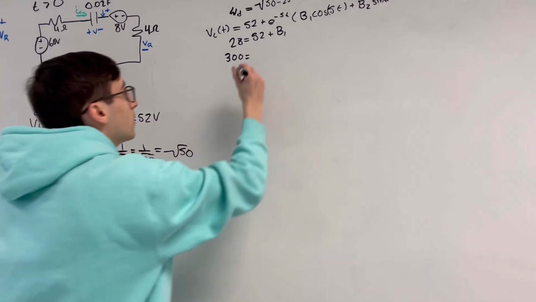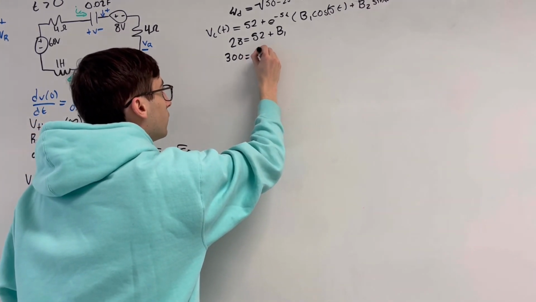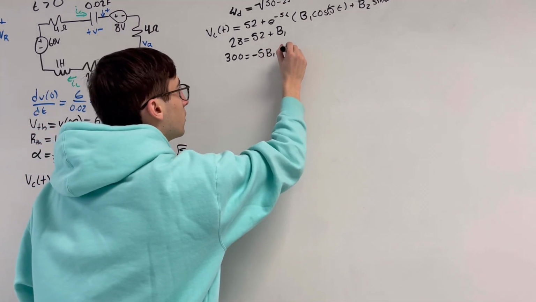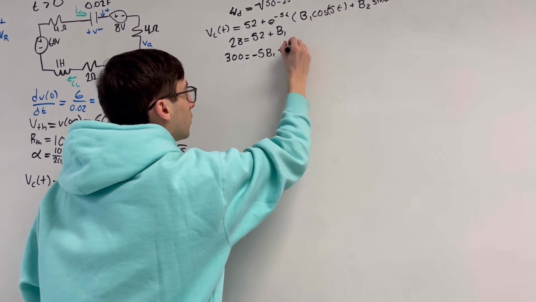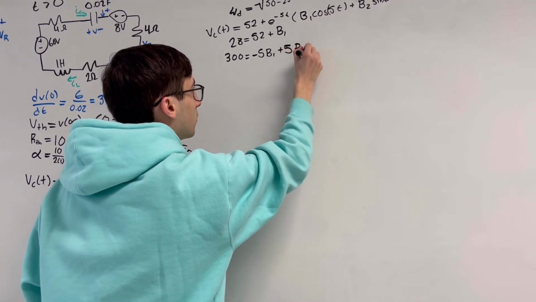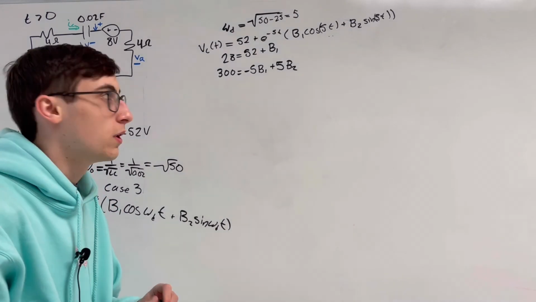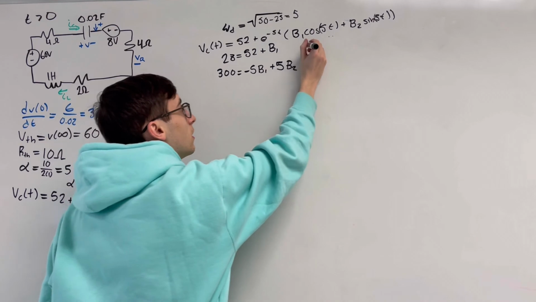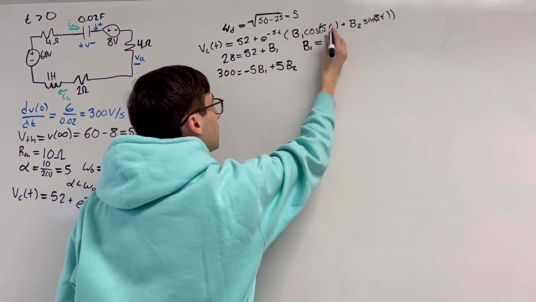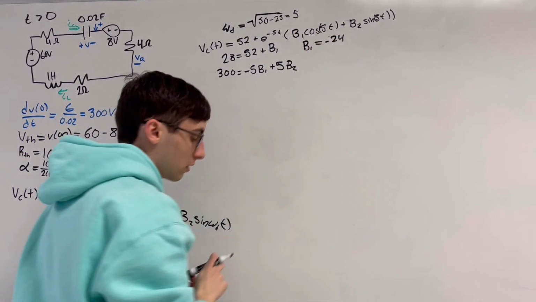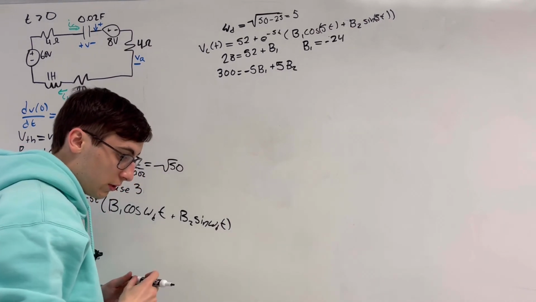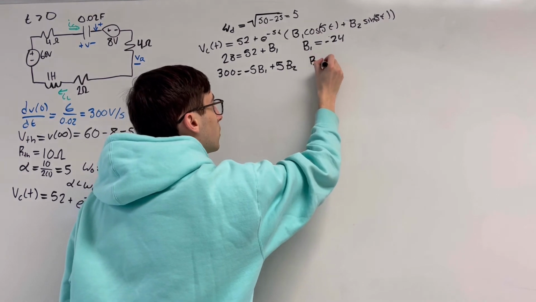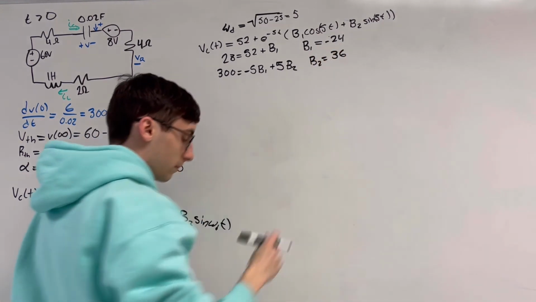So that's going to be negative 5 b1 plus omega d, which is 5, b2. Now that we have our system of equations, we can find both b1 and b2. So it's pretty easy to see that b1 is just going to be equal to negative 24. And then doing some math later, you'll find that b2 is equal to 36.